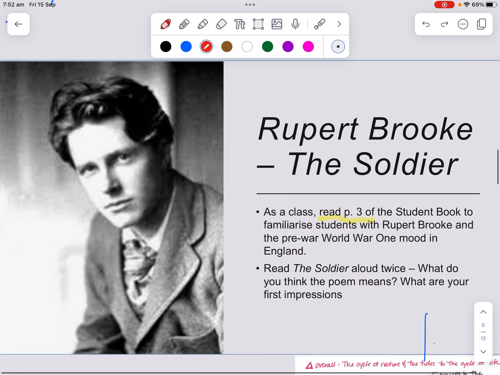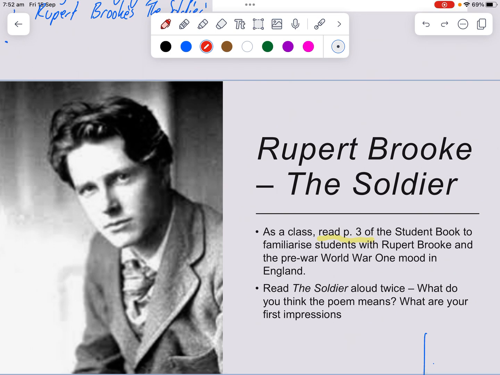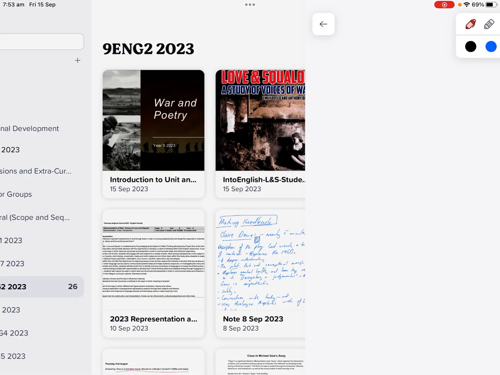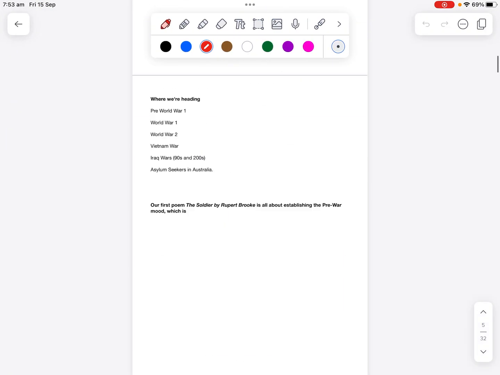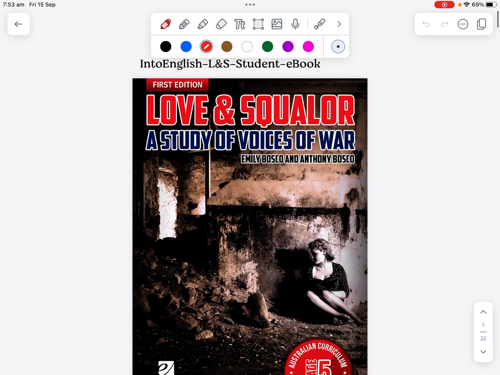Let's kick off with Rupert Brooke, The Soldier, and understand a bit of the pre-war mood. Now, we did do this together in class, but it didn't go too well, so I might just give you time to do it now. So this is in our Love and Squalor workbook, which looks like this.